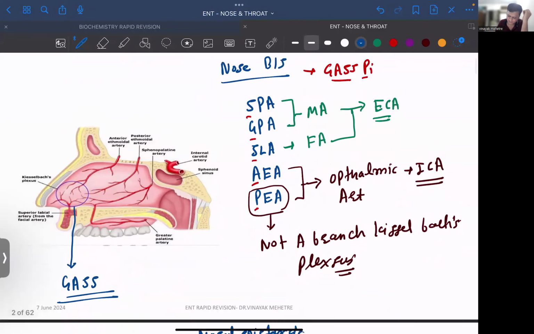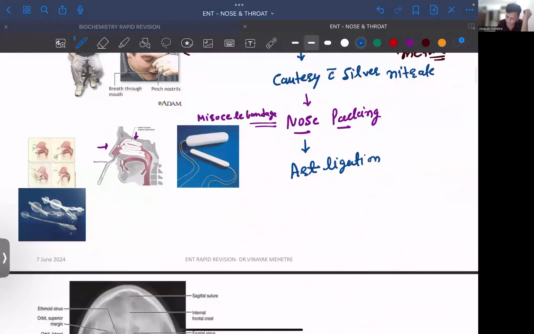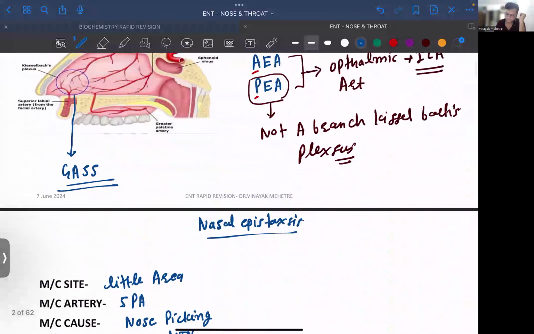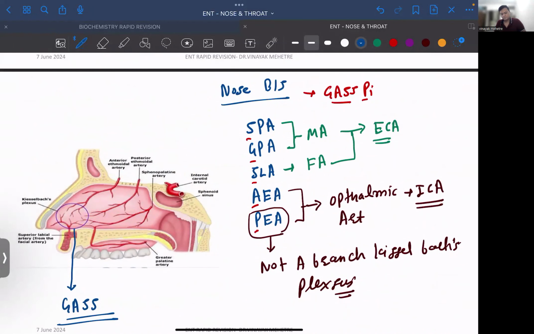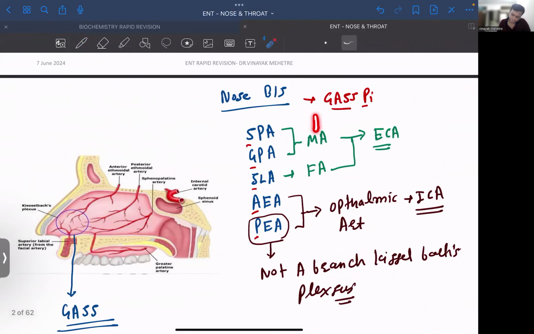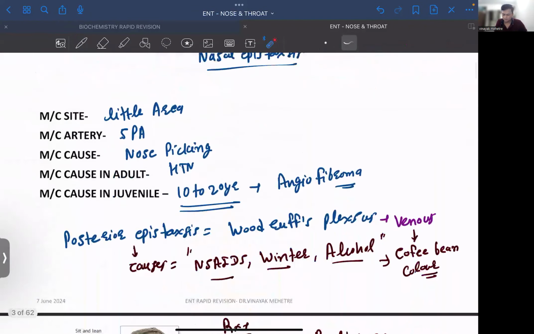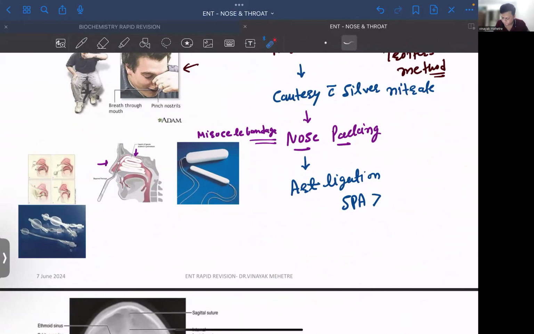So we will ligate the sphenopalatine artery first. Now still bleeding is not stopping. What do you think next? There are two branches of one common artery which supplies a small area, the sphenopalatine artery and greater palatine artery. So we will directly block the maxillary artery, correct?